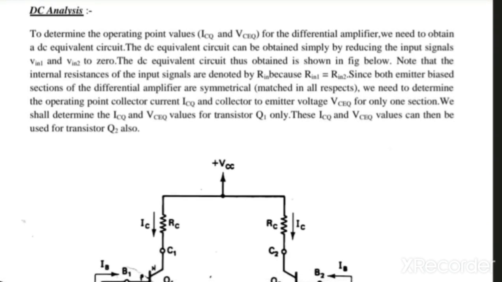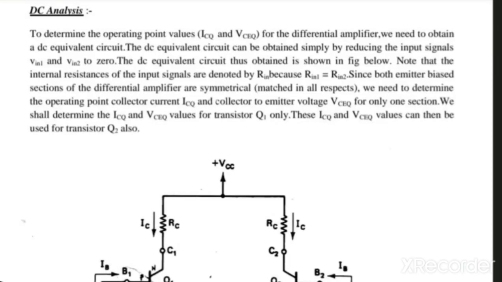Now, DC analysis. In DC analysis, we need to determine the operating point values, that is VCEQ and ICQ, and to determine the operating point values for the differential amplifier, we need to obtain a DC equivalent circuit.